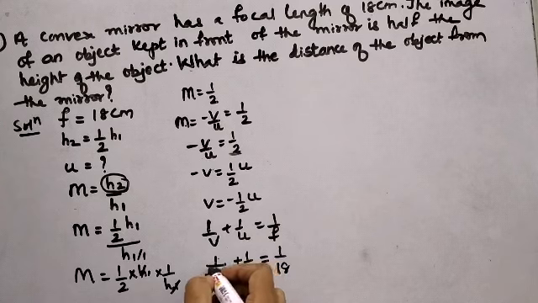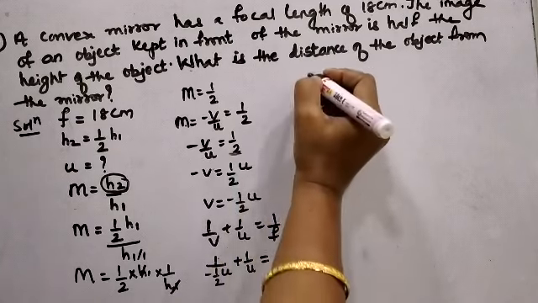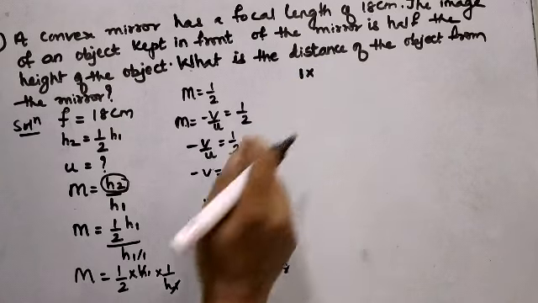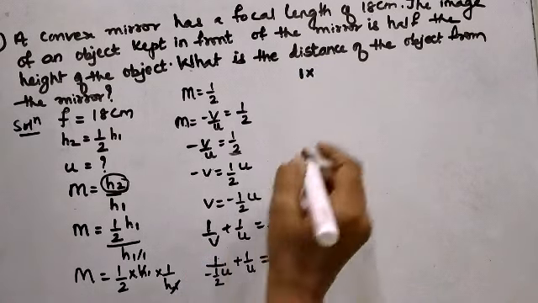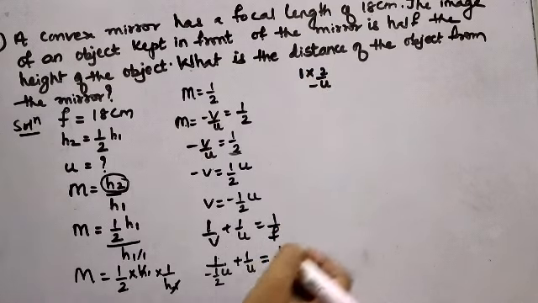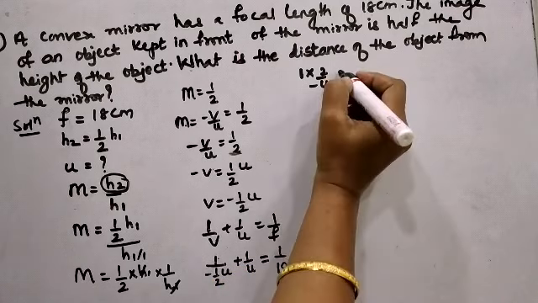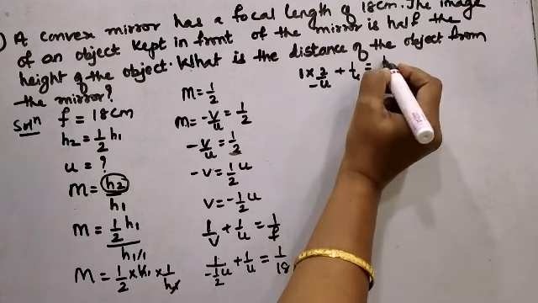So 1 upon minus 1 by 2. So I will take the reciprocal of 1 upon 2. So this 1 will remain as it is into minus 1u upon 2 will become 2 upon minus u. This will become reciprocal because division will become multiplication. Plus 1 upon u is equal to 1 upon 18.